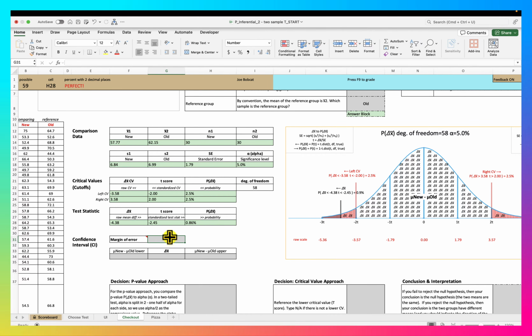All right, margin of error. And remember, for margin of error, we can use the right-hand side t-score of a two-tailed test. So it's just going to be equal to that times the standard error. And then we'll go ahead and construct the confidence interval.